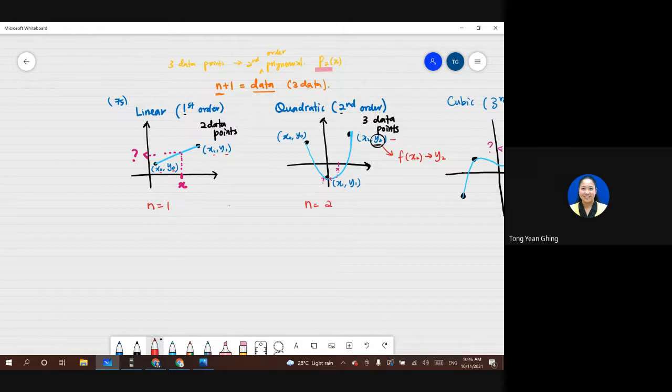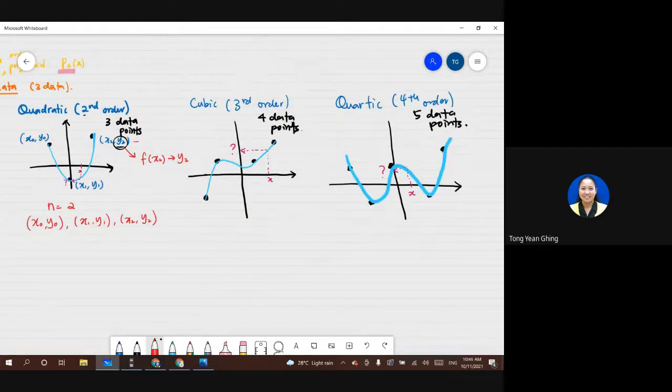So we will have x naught, y naught, x1, y1, and then x2, y2, until 2 only. Same, if we have four data points, 1, 2, 3, 4, that means n is 3.